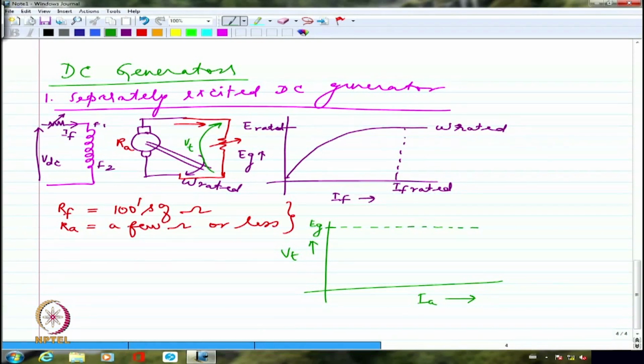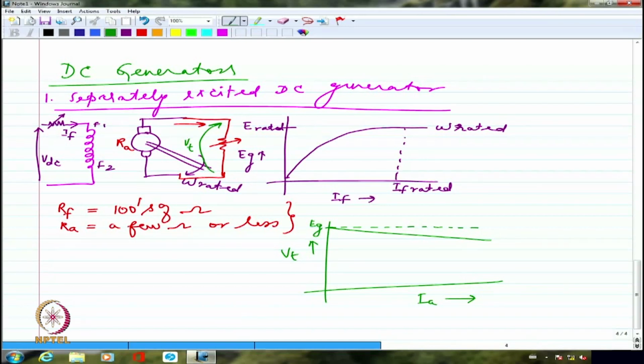But it is not ideal, clearly. So, I am going to have definitely a fall in the voltage. But the fall in the voltage is not much normally in a separately excited machine because the armature resistance happens to be generally very, very small.